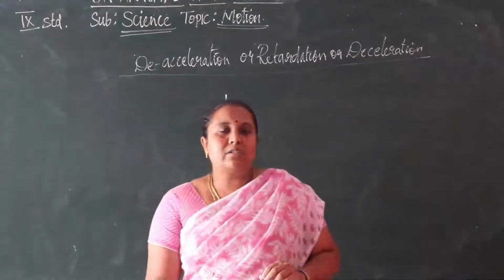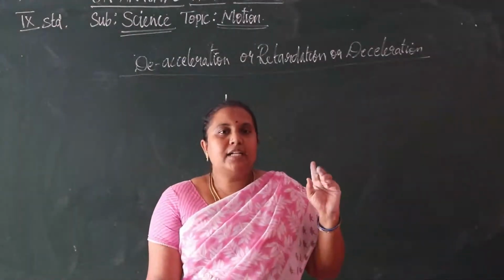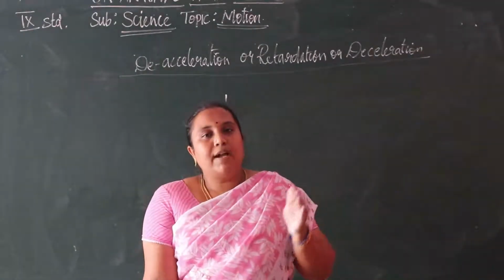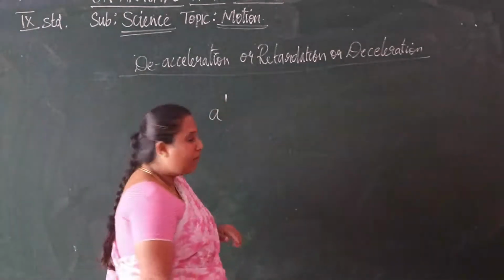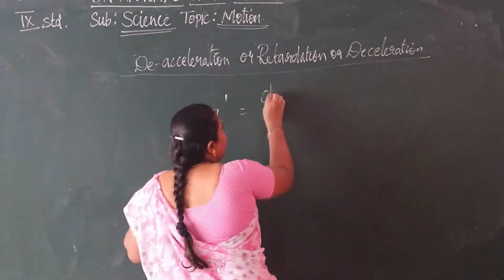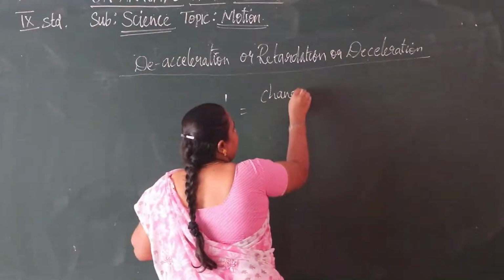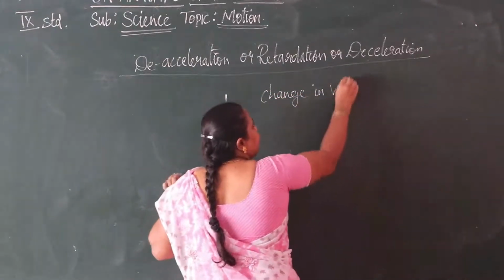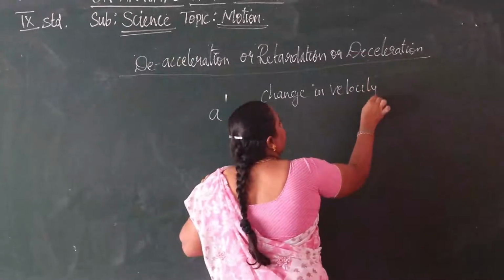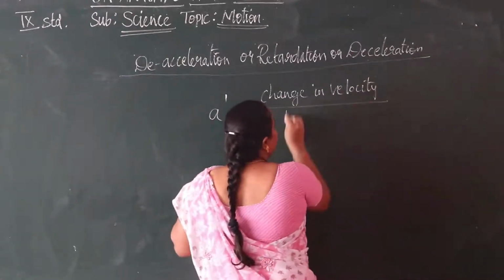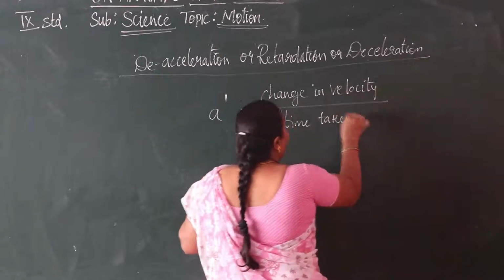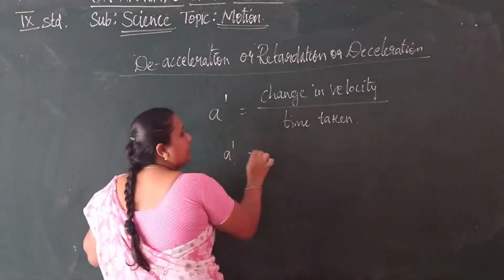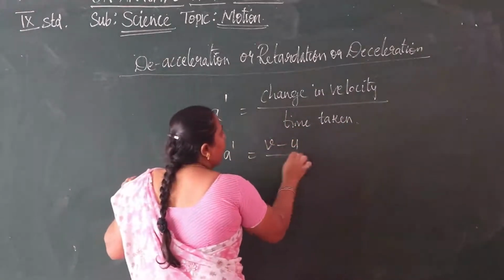Here also we have a dash equals final velocity minus initial velocity by time taken, that is, change in velocity by time taken. So a dash equals v minus u by t.